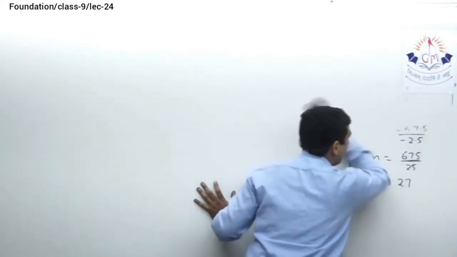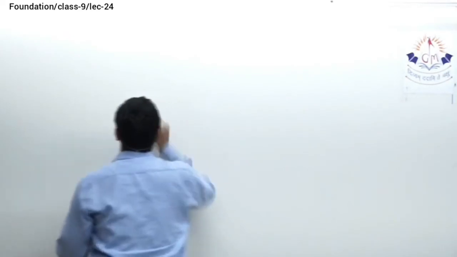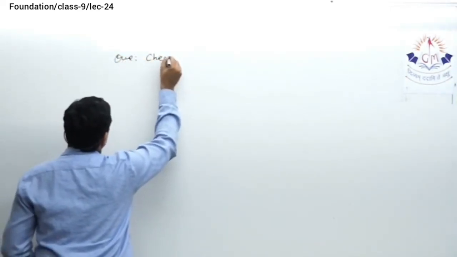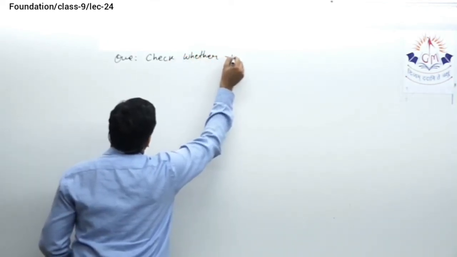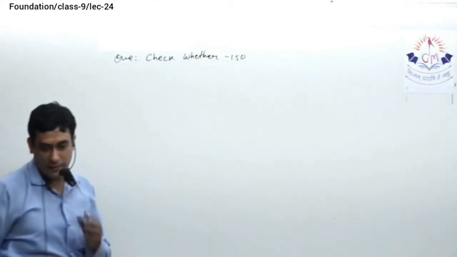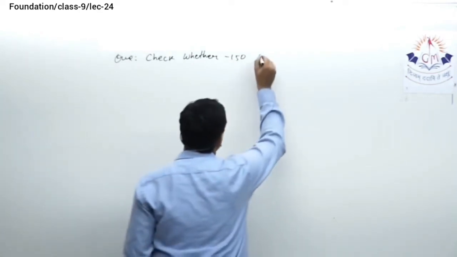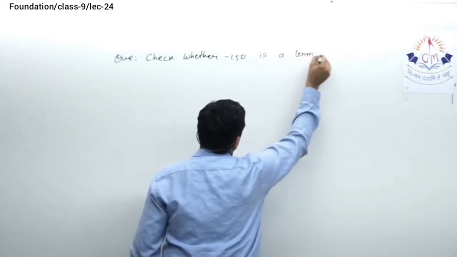So let's see how to solve this. The question is: check whether minus 150 is a term of the AP.